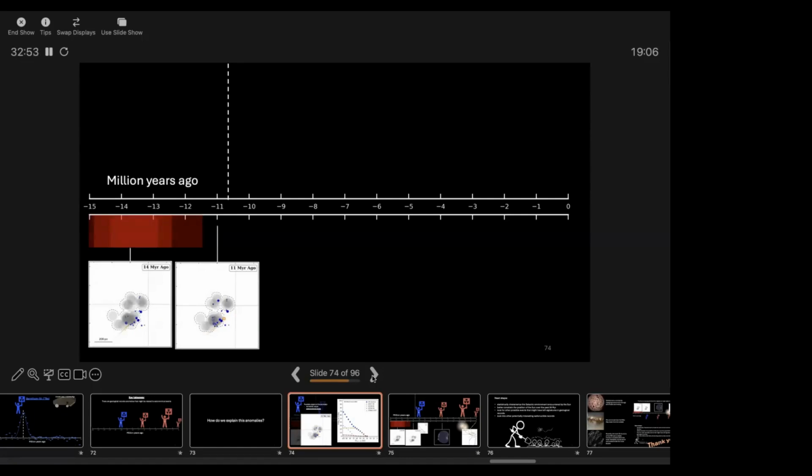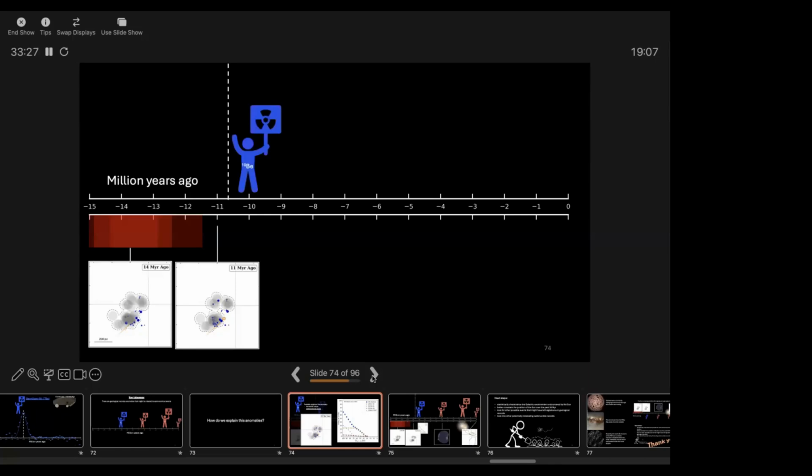So we will not be able to see, at least for now, with the instrument that we have now, iron 60 or beryllium-10 for a period which is older than 11 millions of years ago. But that's the period when the sun was going through the Radcliffe wave. So probably we will have to use some different geological records to study this period and to see if the sun going through this structure left or not some visible signatures.